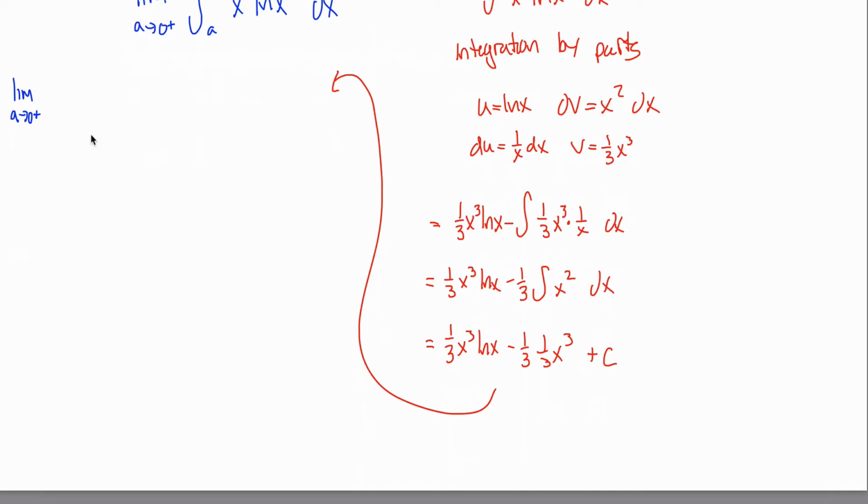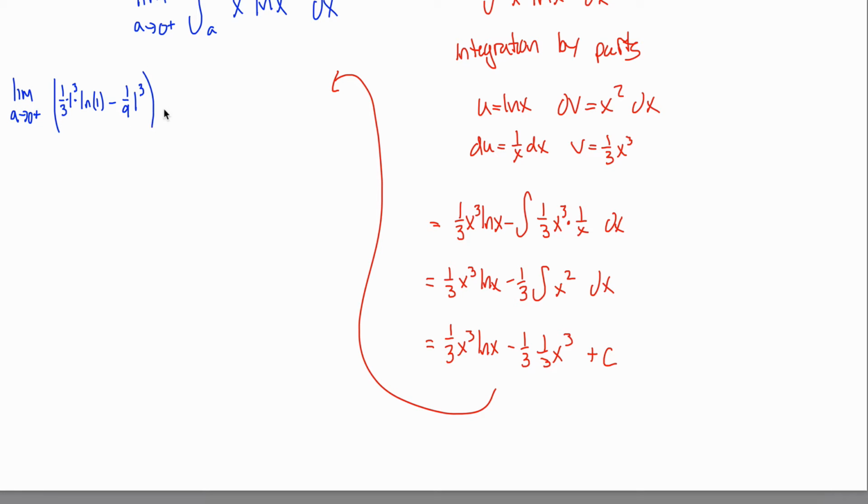So first I'll plug in 1s. I have 1/3 times 1 cubed times the natural log of 1. Isn't that just 0? Yep. Minus 1/9 times 1 cubed.